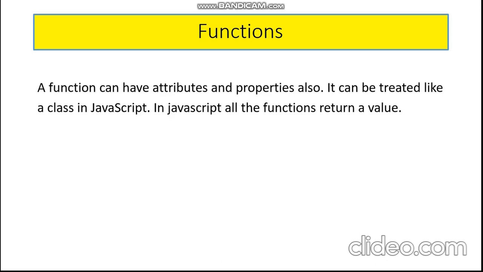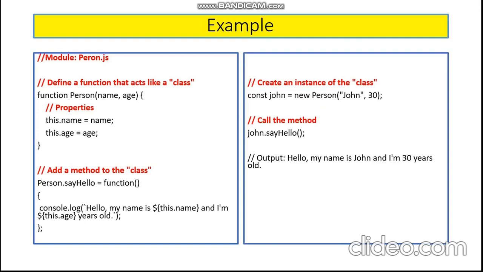In this example, I am creating a module person.js. As we know, a function has its own properties and attributes. Here I am creating a function, and the function name is person, and it is a parameterized function. I am mentioning two parameters. The first one is name and the second one is age.